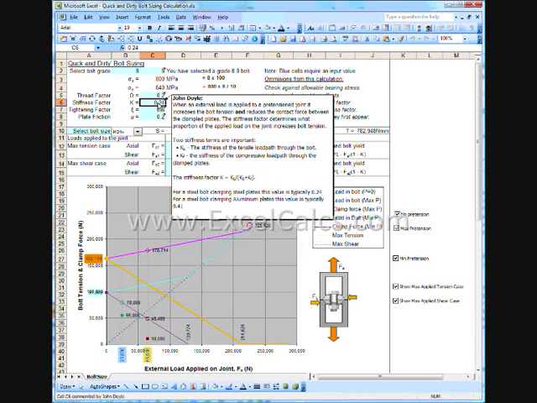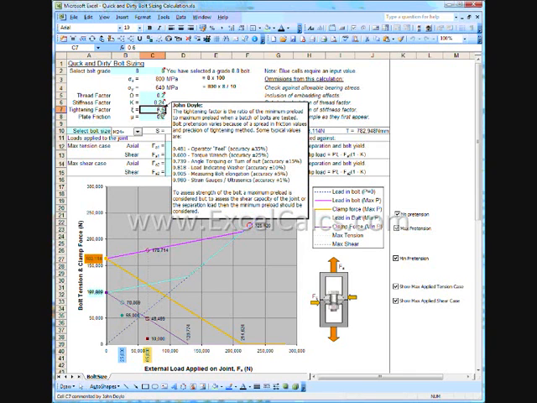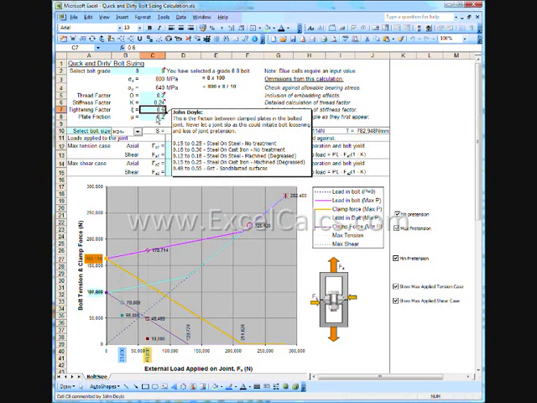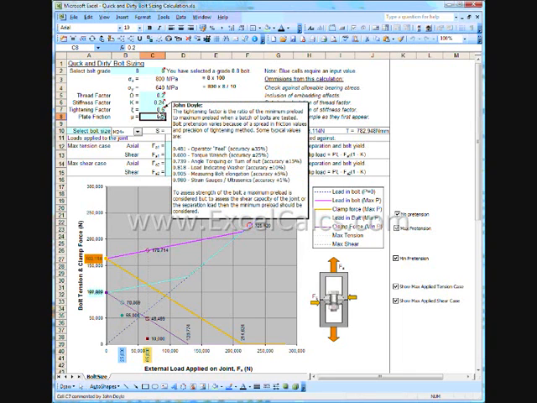This value here is the stiffness factor, which decides how much of the load that we apply to the joint actually goes into our bolts. This factor here is the tightening factor, which determines our spread of pretension values. And finally, our friction force. All these terms are important when it comes to bolt design. Thanks very much for listening.